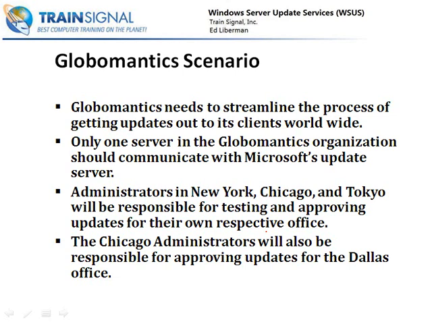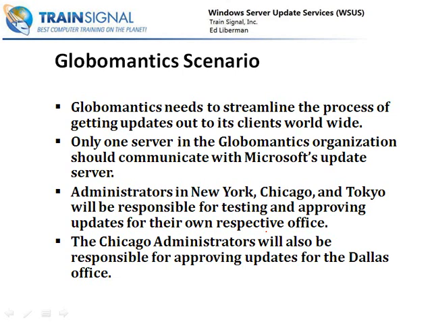Now, administrators in New York, Chicago, and Tokyo will be responsible for testing and approving updates for their own respective offices. So in order for that to happen, if you're not already thinking it, it sounds to me like, since we only want one server to go out to Windows Update, and we want three different offices to each have WSUS servers and have approval of these updates out to their clients, we need to do autonomous mode so that each office has its own administrator approving those updates.